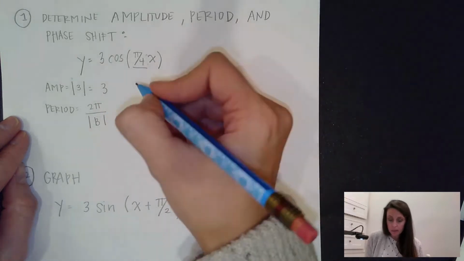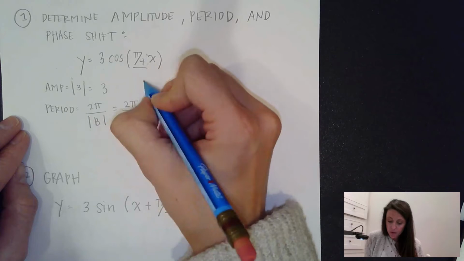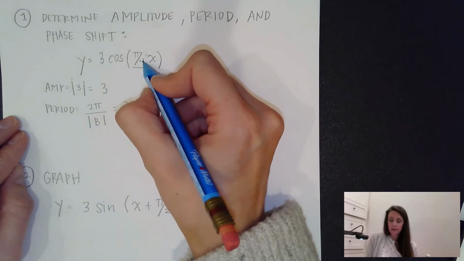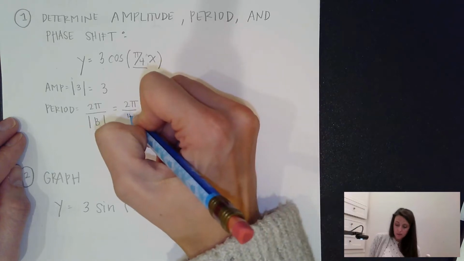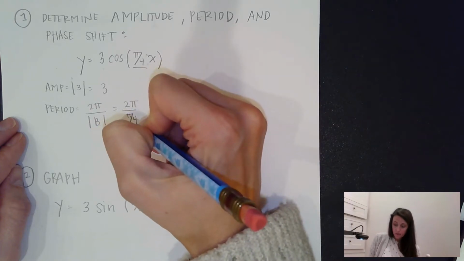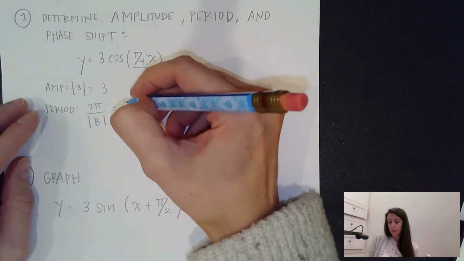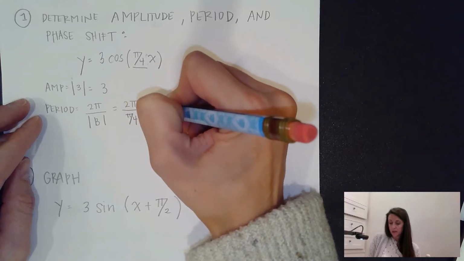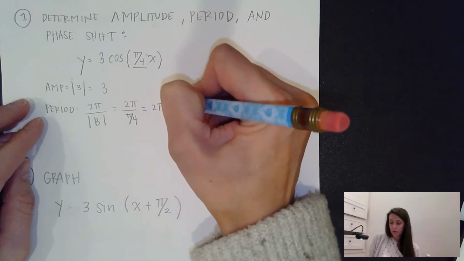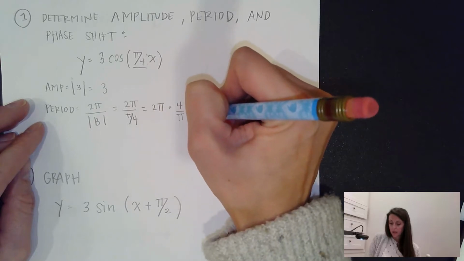And in my case, my b is pi over 4. So this is going to be 2 pi divided by the absolute value of pi over 4. If you flip this, this will be 2 pi times 4 over pi. So the period here will just be an 8.